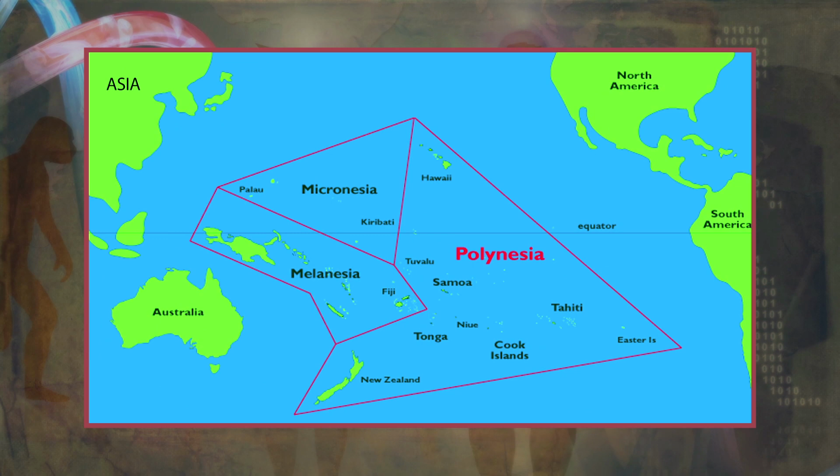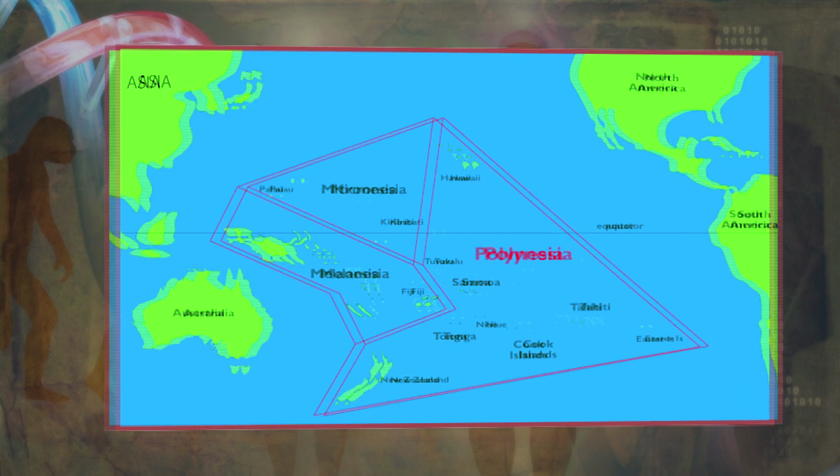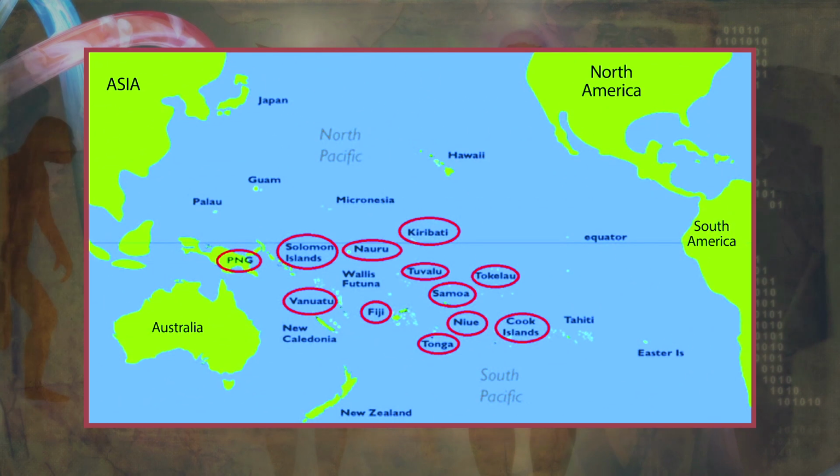Another even more recent event is the human settlement of the Polynesian South Pacific Islands, estimated to have taken place just 3,000 years ago. Most evidence supports a Southeast Asian origin of Polynesian populations with mixture between these individuals and Melanesian populations as they spread through the South Pacific.